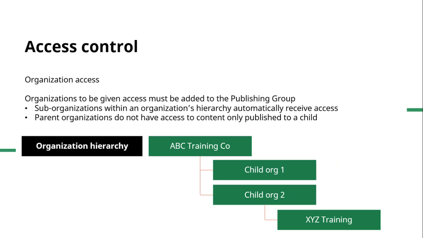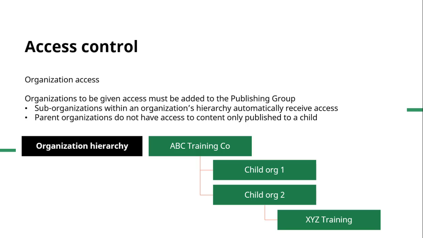Let's talk about how publishing groups actually control things. I'm not saying they're controlling, but they do control things. In terms of organization access, once an organization is given access through a publishing group, if it is a parent organization, all the suborgs in that organization's hierarchy automatically receive access.